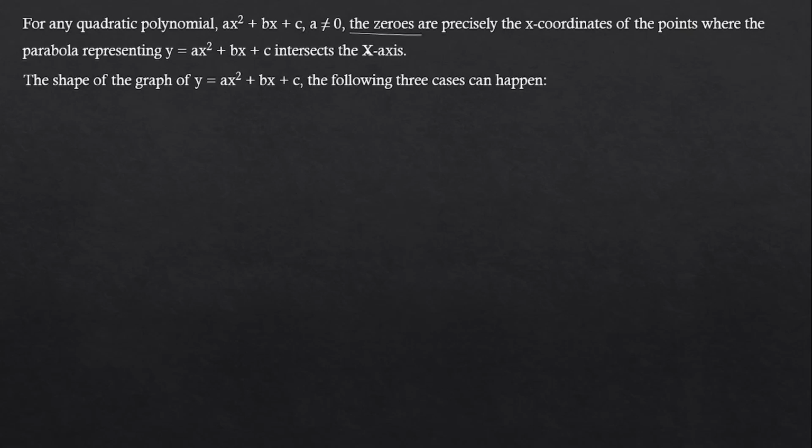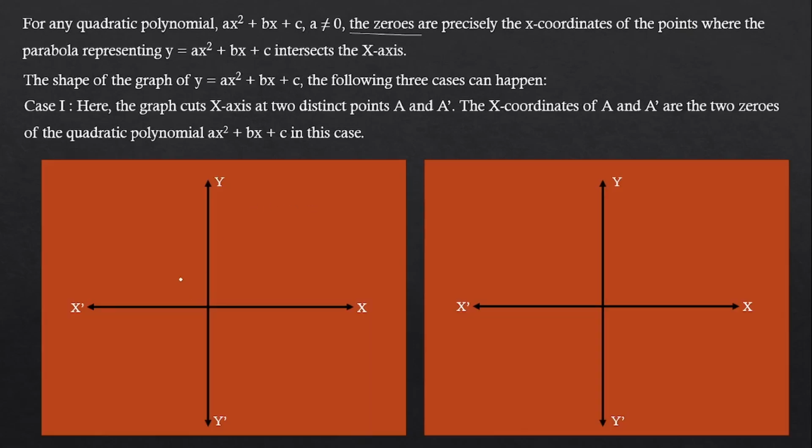How? Let us see. First of all, let us understand what different cases or types of graphs are possible for a quadratic polynomial. In case 1, I can get my parabola like this or like this. This is called an upward opening parabola, and this is called a downward opening parabola.